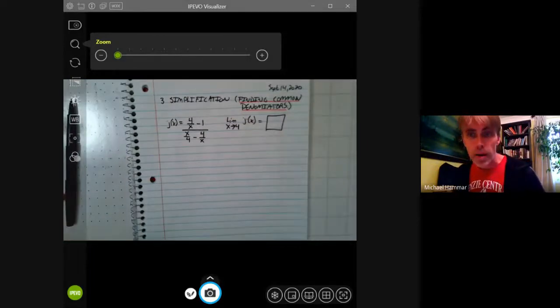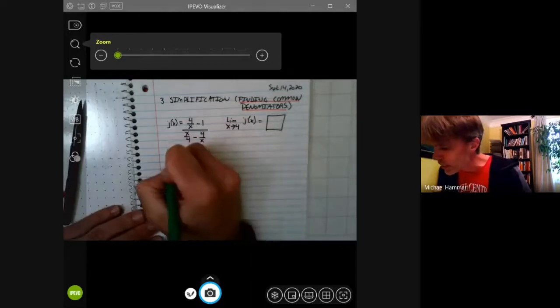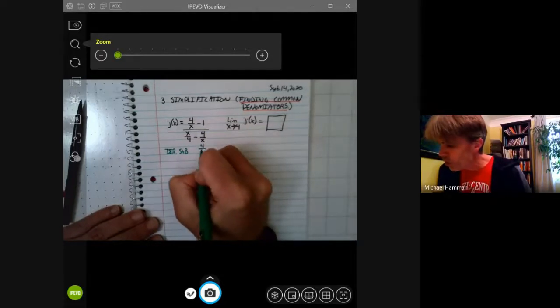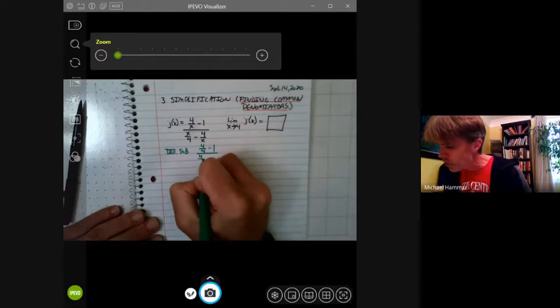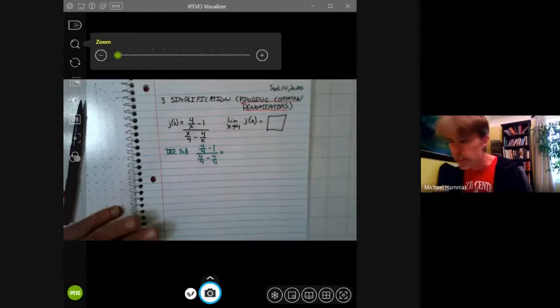The first thing I always tell you to do is always check direct substitution. If you can do it quickly, great. I will show you all of it in these problems, but you don't always have to show it unless they ask for it on the test. If we do direct substitution, you get 4 over 4 minus 1 in the numerator, and 4 over 4 minus 4 over 4 in the denominator.